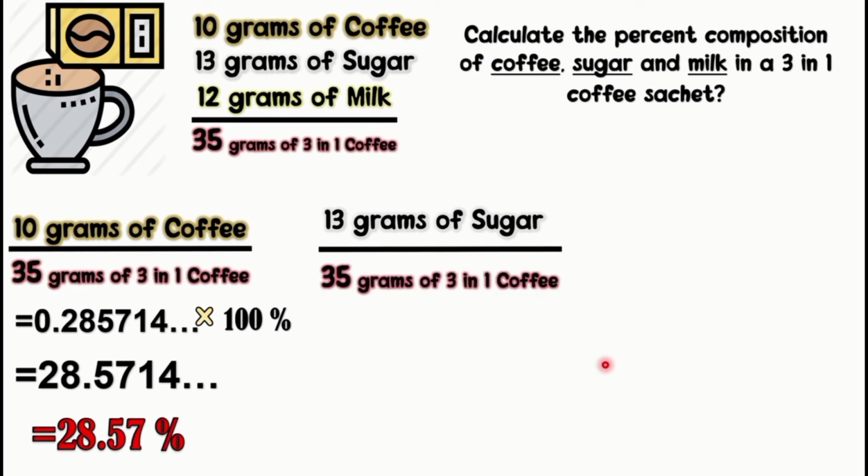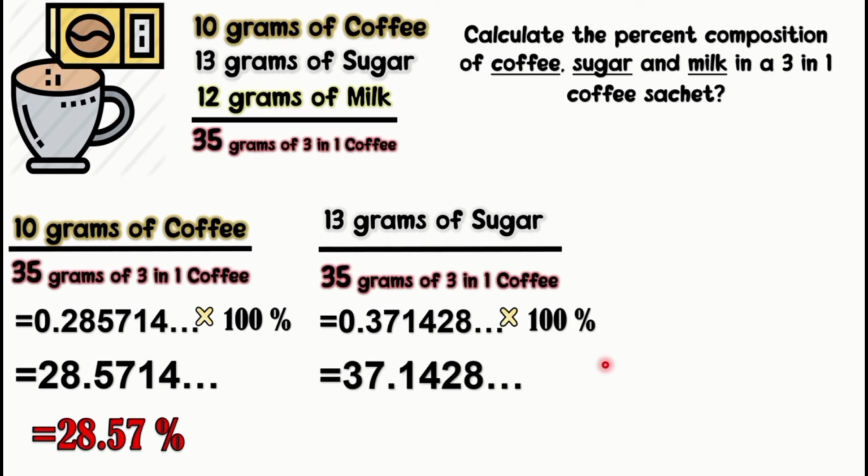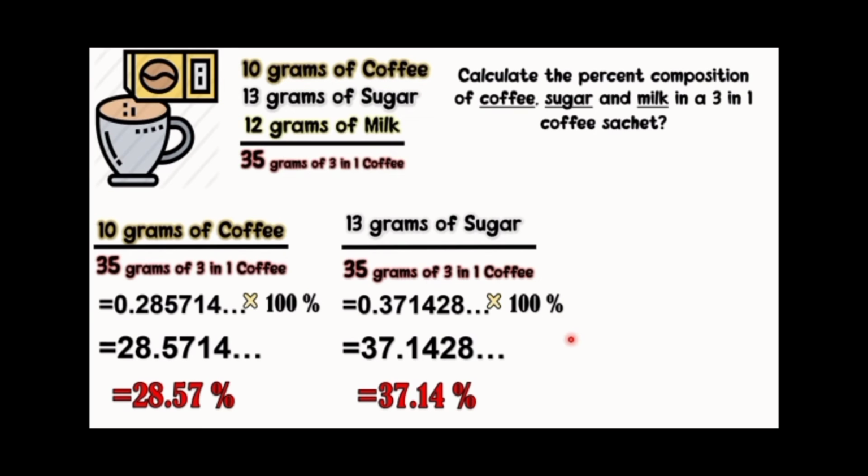Next, let's compute the percentage composition of sugar. 13 grams of sugar divided by 35 grams of 3-in-1 coffee is equal to 0.371428 and so on, times 100, which is equal to 37.14%.